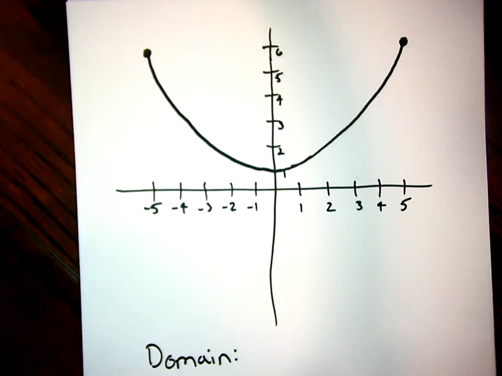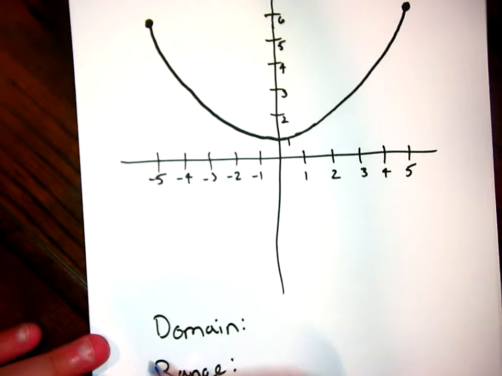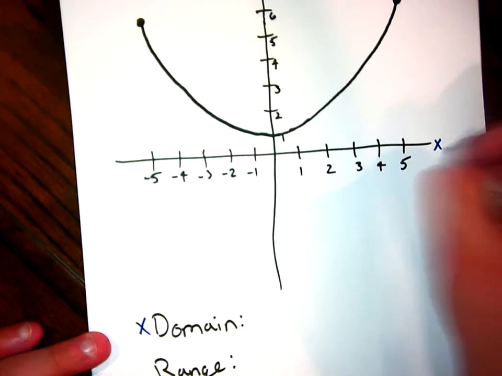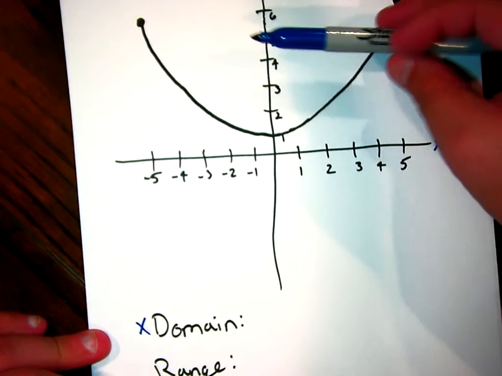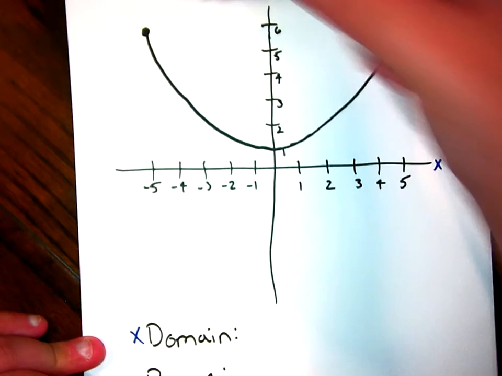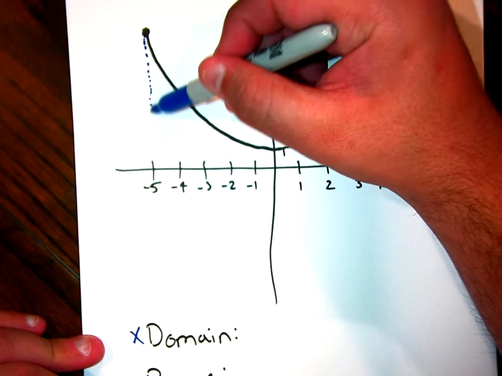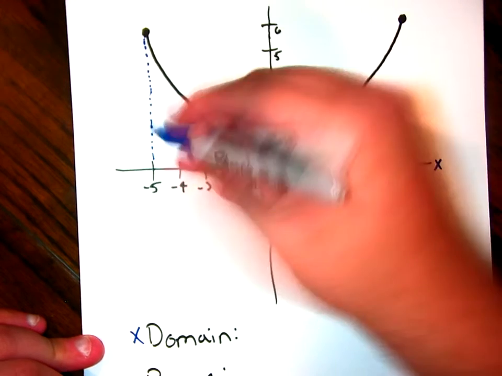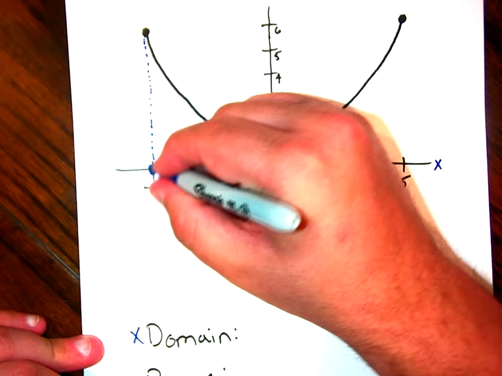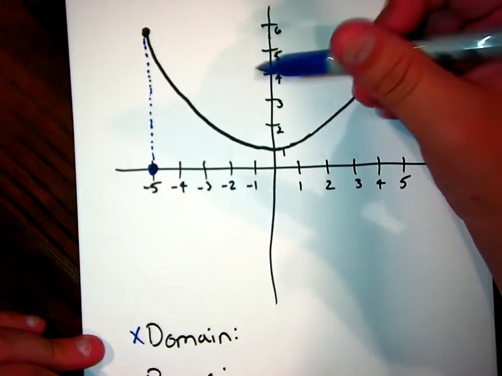And we're going to try and find out the domain of this function, all possible x values. So let's go to the farthest point on the left of this line, the farthest left. And draw just a little dotted line all the way down to the x-axis, and you'll see that the farthest left value here is -5.